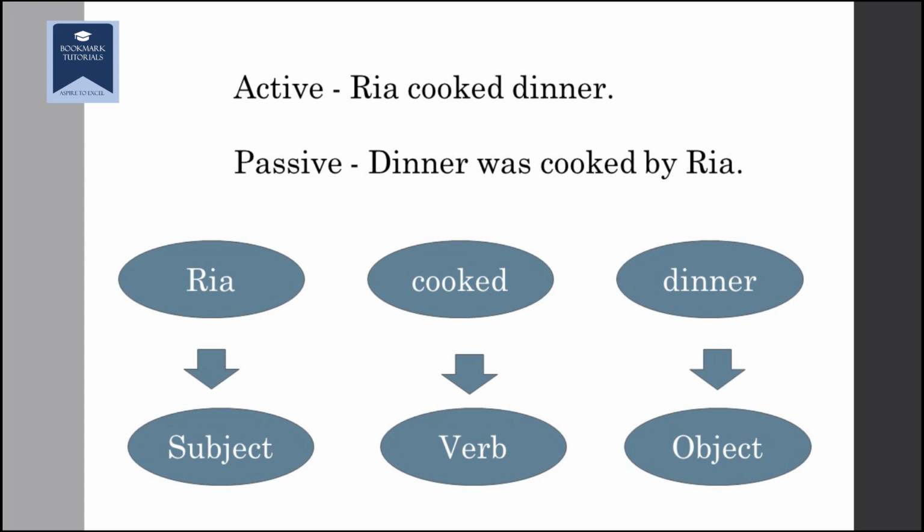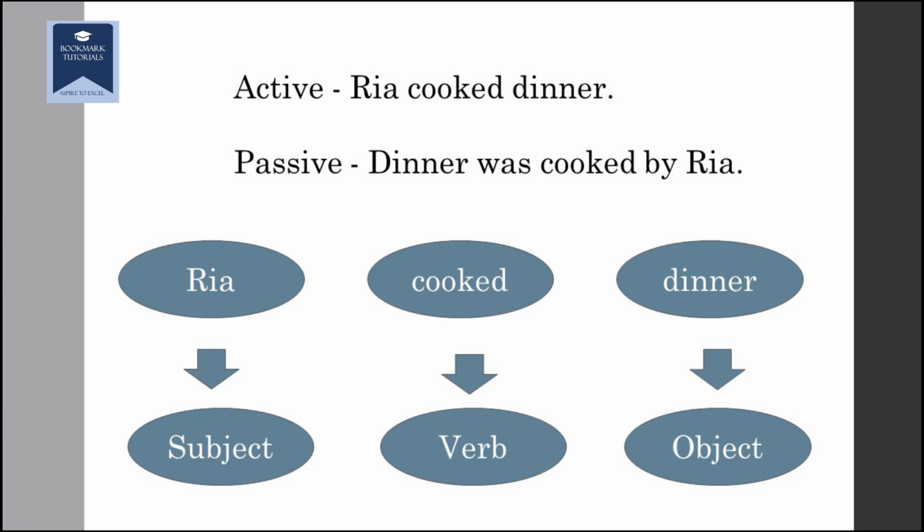And thirdly, we have dinner. Dinner is the object. The object is at the receiving end of the action here. The object is someone or something that is being affected by the subject when they do a certain action.